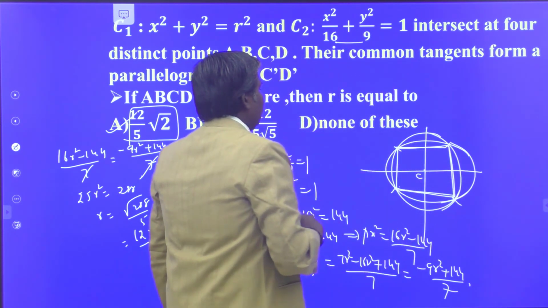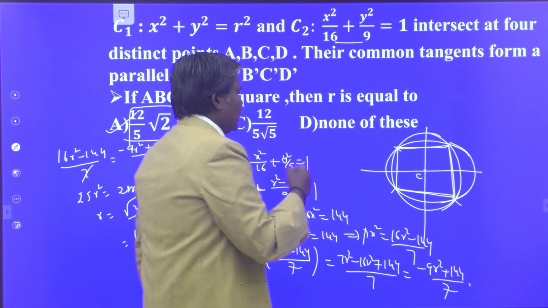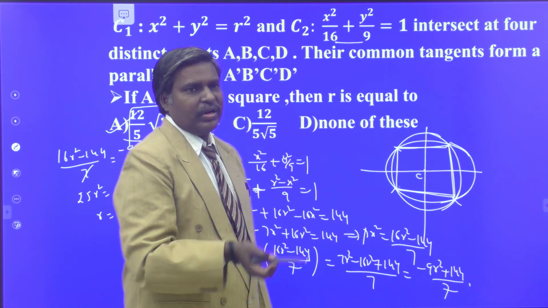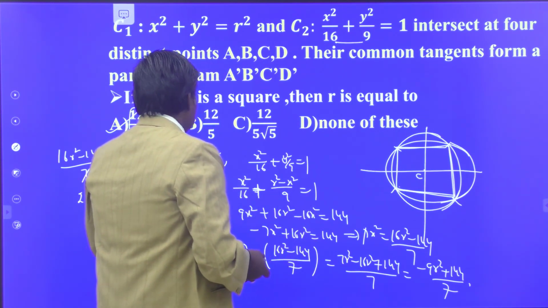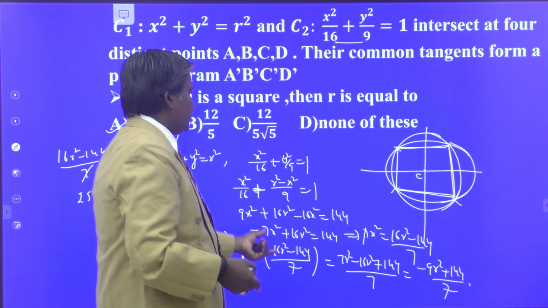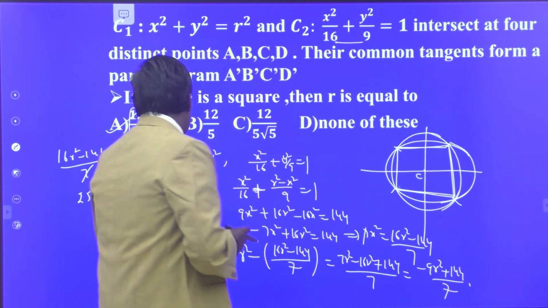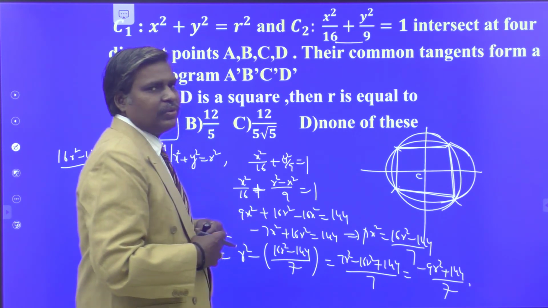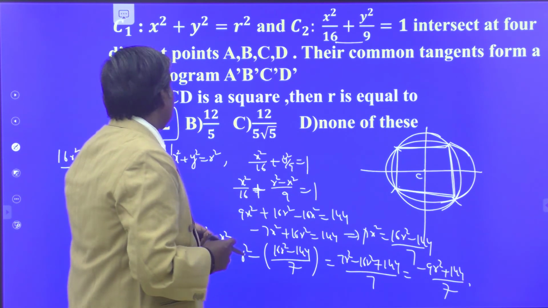Or otherwise you may take a parametric point on the ellipse and substitute in that circle. You can take the x coordinate equal to the y coordinate, then also you can crack that one. This is one way. So by solving itself, find x square, y square values, equate them, we get the radius 12 root 2 by 5 units. Okay.